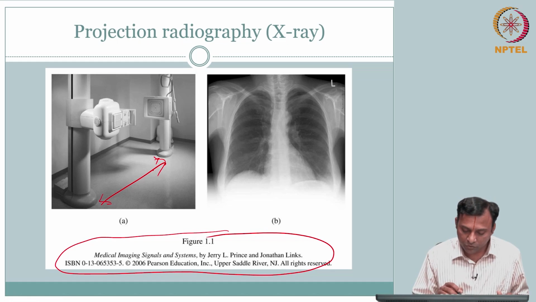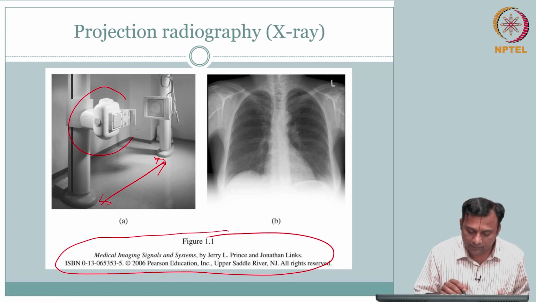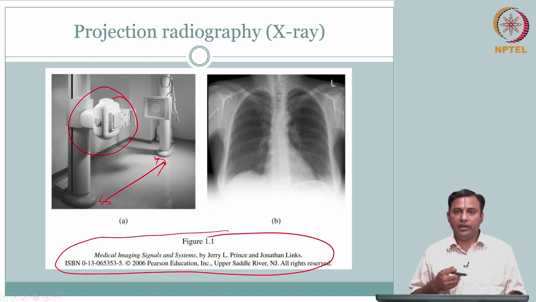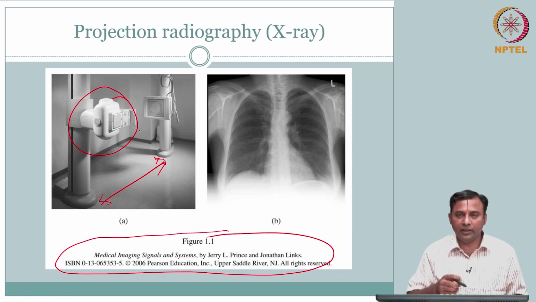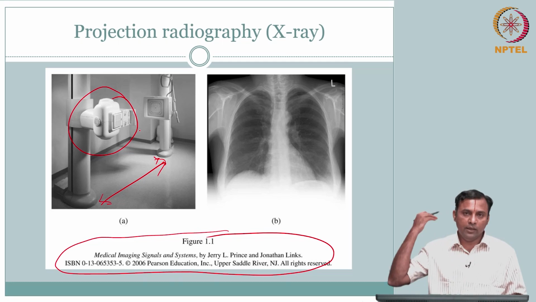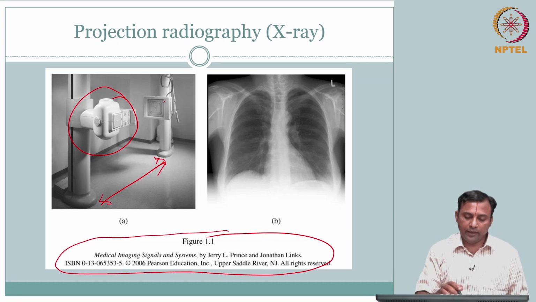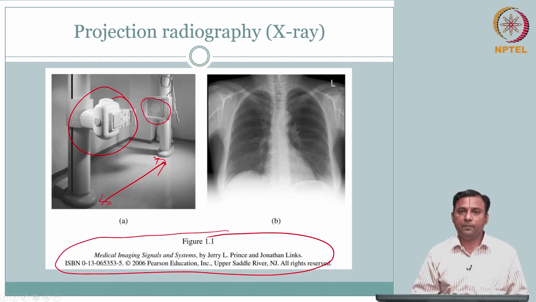What is happening? You go stand there, this is generating an X-ray, it is sending through and you are standing here. So, the X-rays are going through your body, coming out through the other side, right, and it is getting collected here.